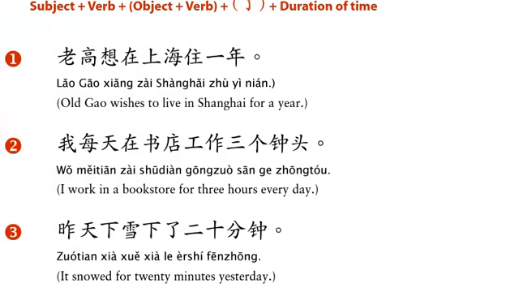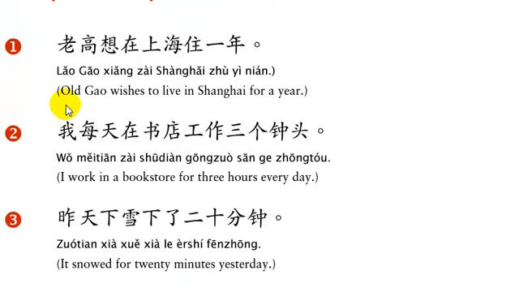So here, what we're trying to say is Old Gao wishes to live in Shanghai for a year. This is how that looks in Chinese: 老高想在上海住一年.